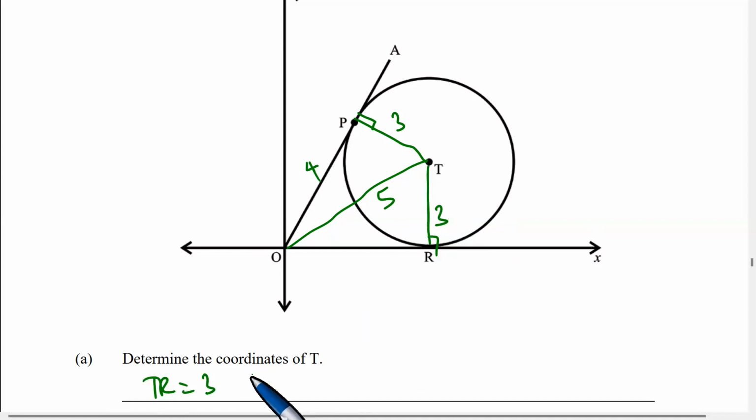Moreover, TP is perpendicular to OP. And OR is perpendicular to RT.